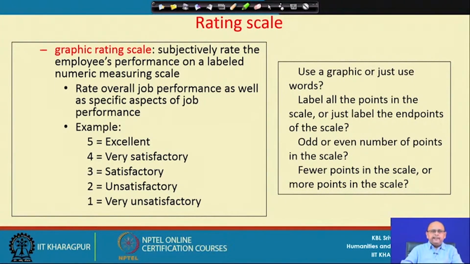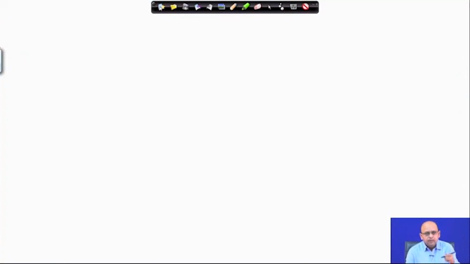So, this is how rating scales are used, but there are certain problems, okay, whether we are using only graphics or just words, and whether you want to label all the points in the scale or label only the end points. Suppose you rate only 1 and 5. Say for example, this is a scale 1, 2, 3, 4, 5, right.